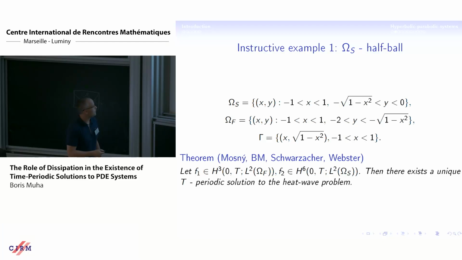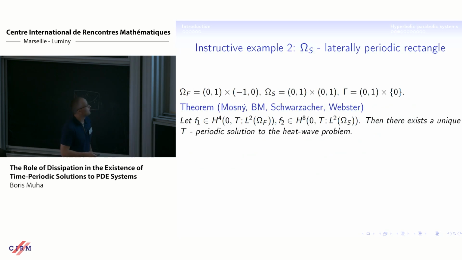And then the result is, if f1, the forcing of the fluid, is H3 in time, L2 in space, and the forcing for the structure is H6 in time and L2 in space, there exists a unique time periodic solution to the heat wave problem. Okay, this is the first result.